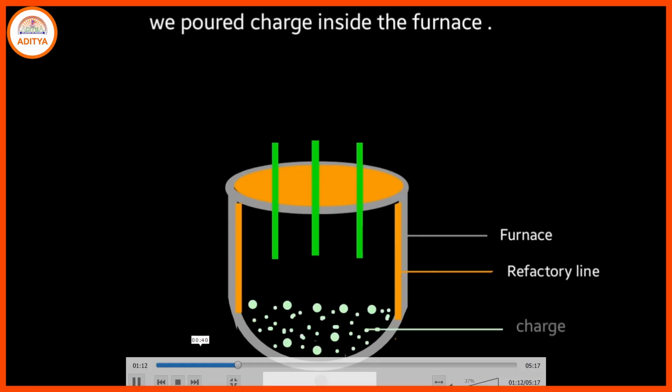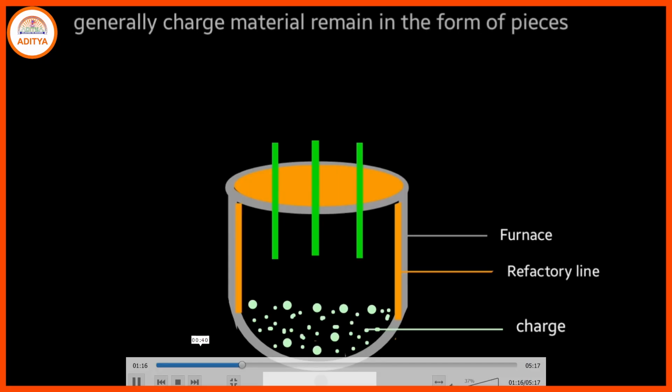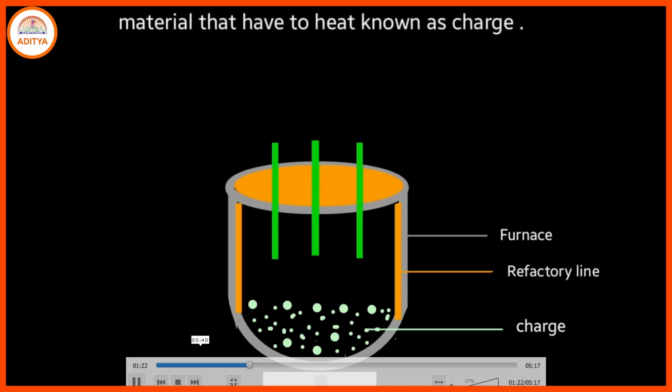We pour the charge inside the furnace. The charged material is generally in the form of scraps.